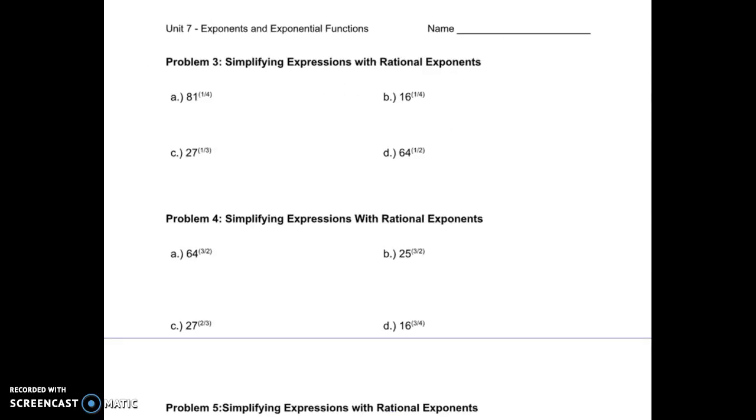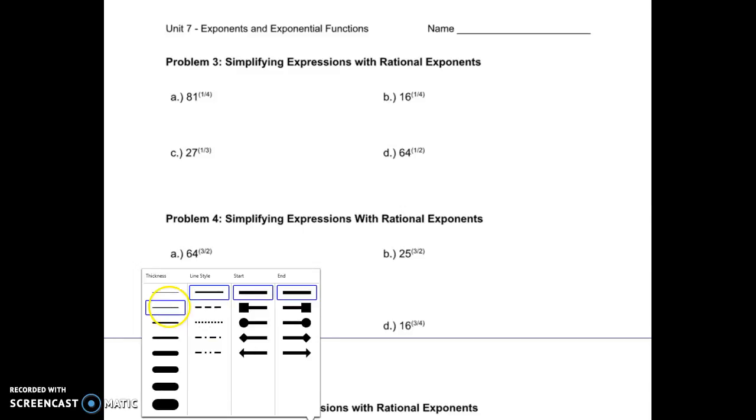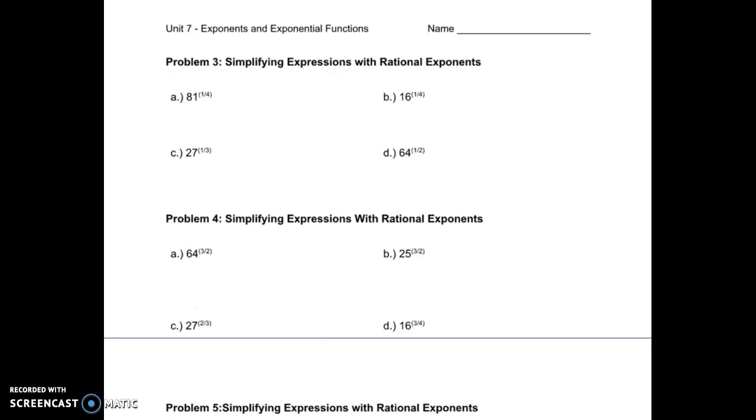It says problem 3, simplifying expressions with rational exponents. That means you have a fraction as your exponent. So A says 81 to the 1/4. All that is asking us is what number to the 4th power is equal to 81.